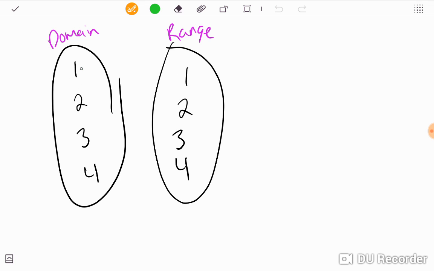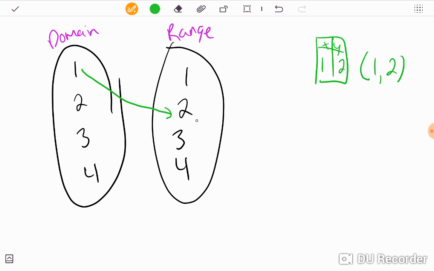If I connect this 1 and the 2, that would mean that on a table, x, y, it would be 1, 2. In an ordered pair, it would be 1, 2. So all that happens is you look to see where the arrow is going. Your domain is first, your range is second. If you watch the video about input and output, I talk about how domain and x and input are the same thing, and range, y, and output are the same thing.